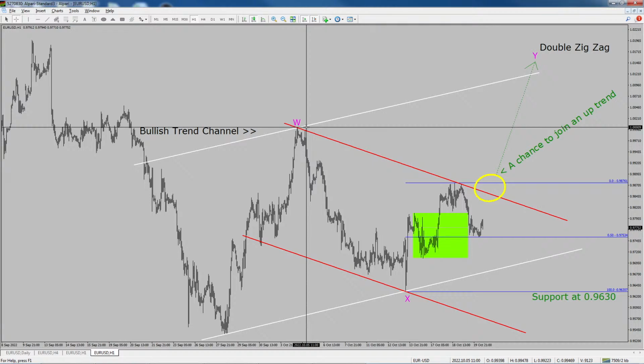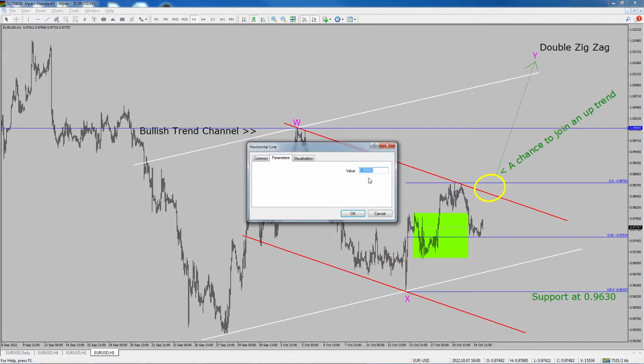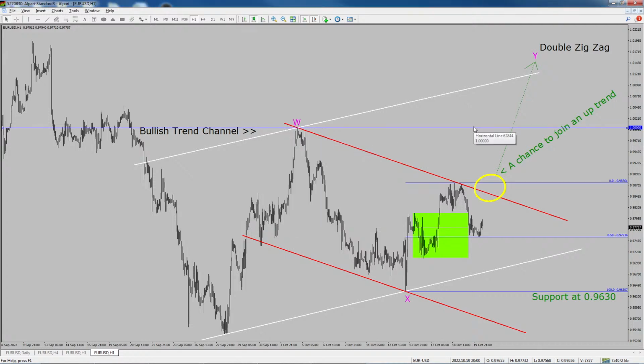So this is the parity level, the round number. Well, the exact round number is 1. This is the round number right there, and this second zigzag would close above this round number.